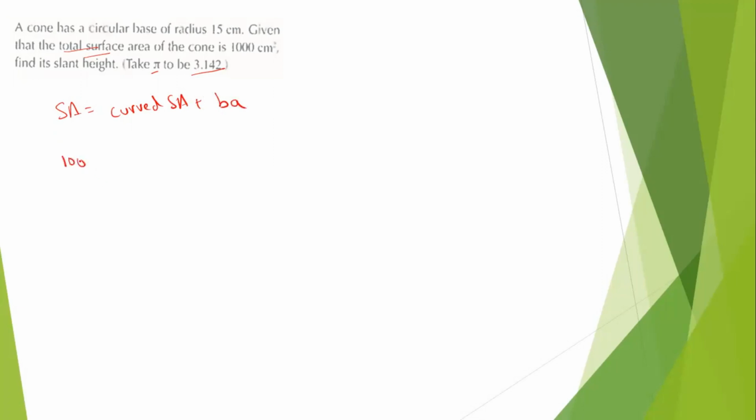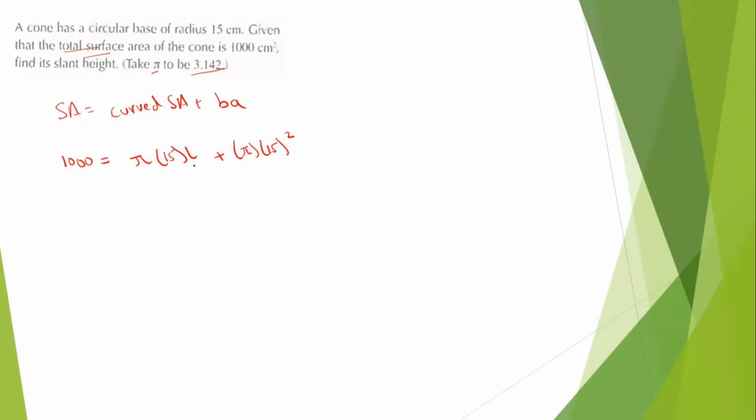Surface area we already know, so we'll write 1000 on that side, and pi r l. r we also know. r is 15, and l, plus base area, again pi 15 squared.